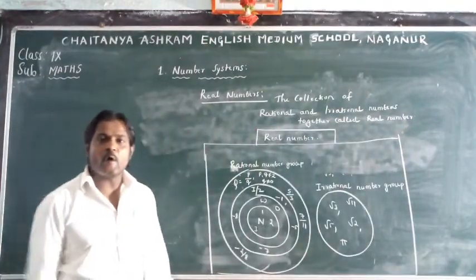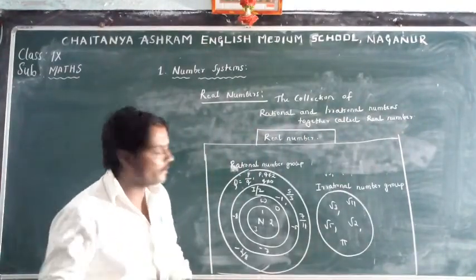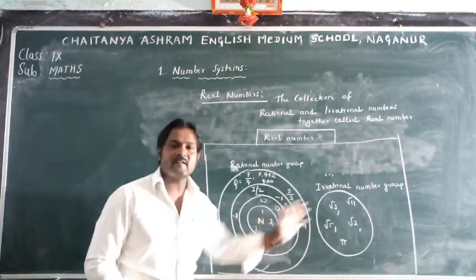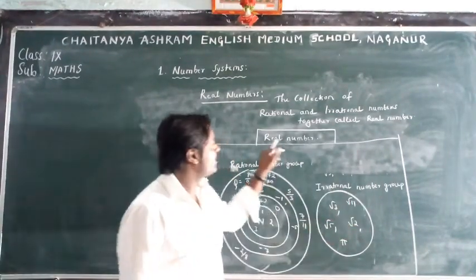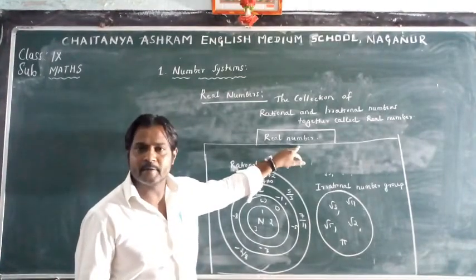So it is the set of all the collection of rational and irrational numbers together, called real numbers.